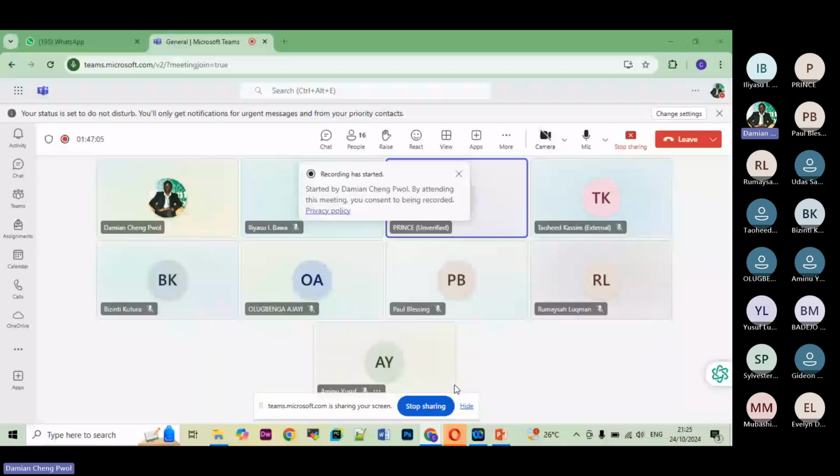Immediately after this class, I'm going to send a lab to you guys, or you can go through your dashboard. You find some labs, and I want you to do these labs that relate to this module 1.